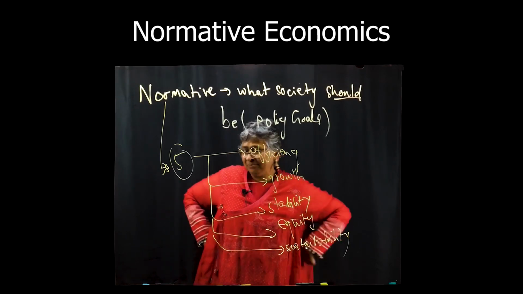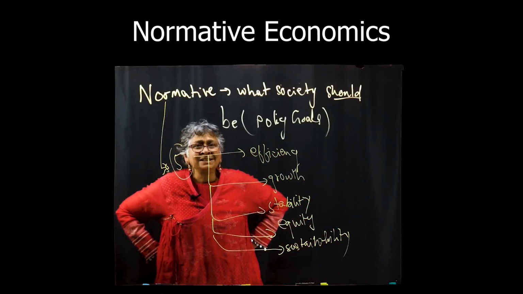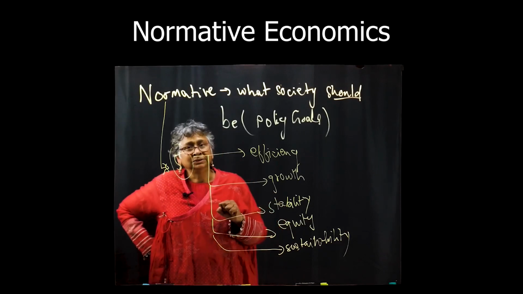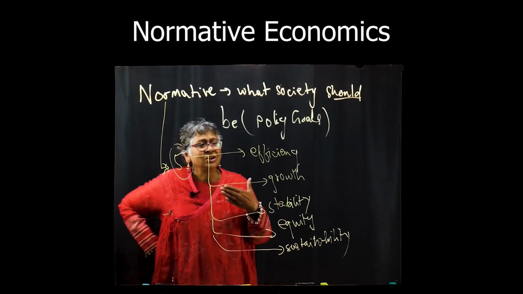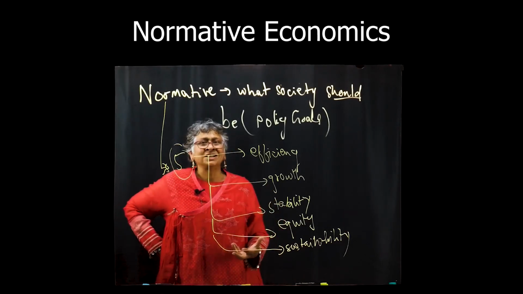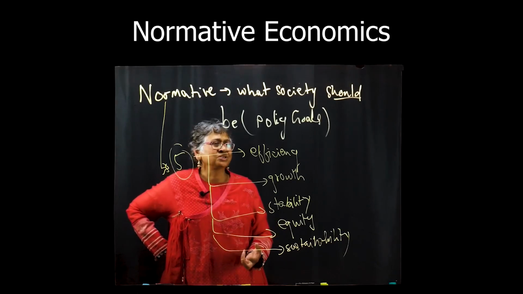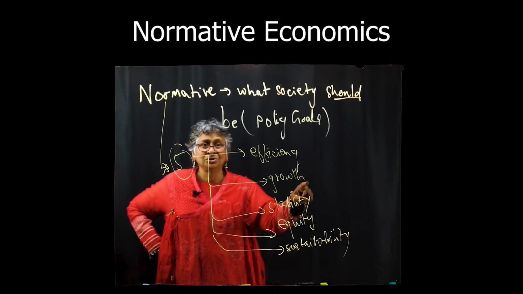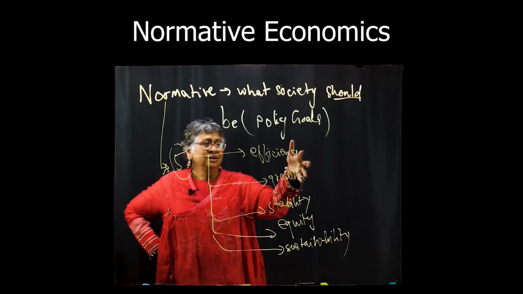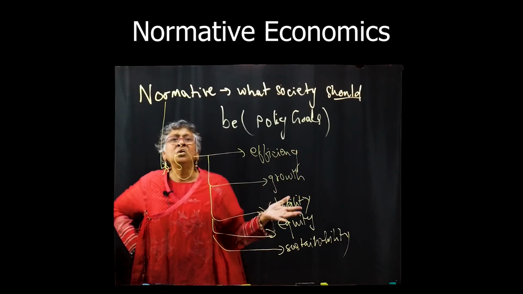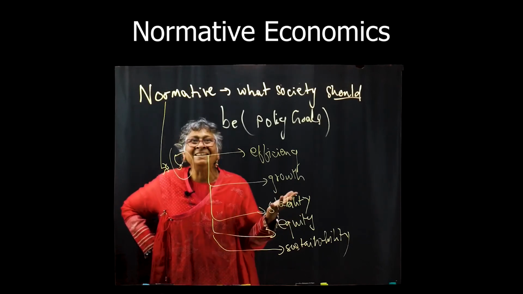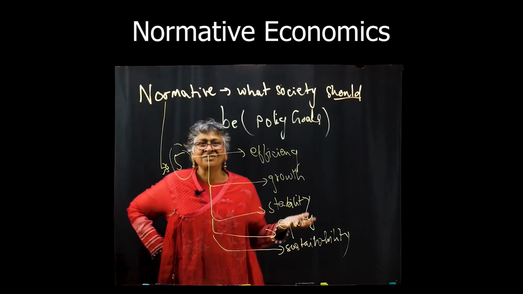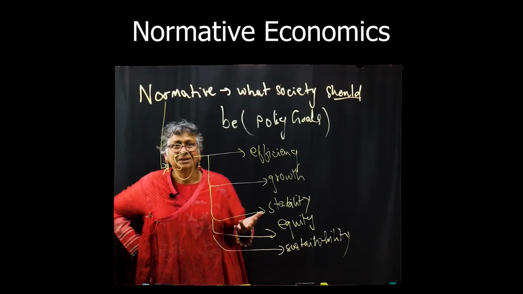One is equity. Equity is the idea that, look, we cannot address what is happening in our society simply by efficiency and growth, because those two are assuming that we will all share equally from the benefits of efficiency or the benefits of growth.